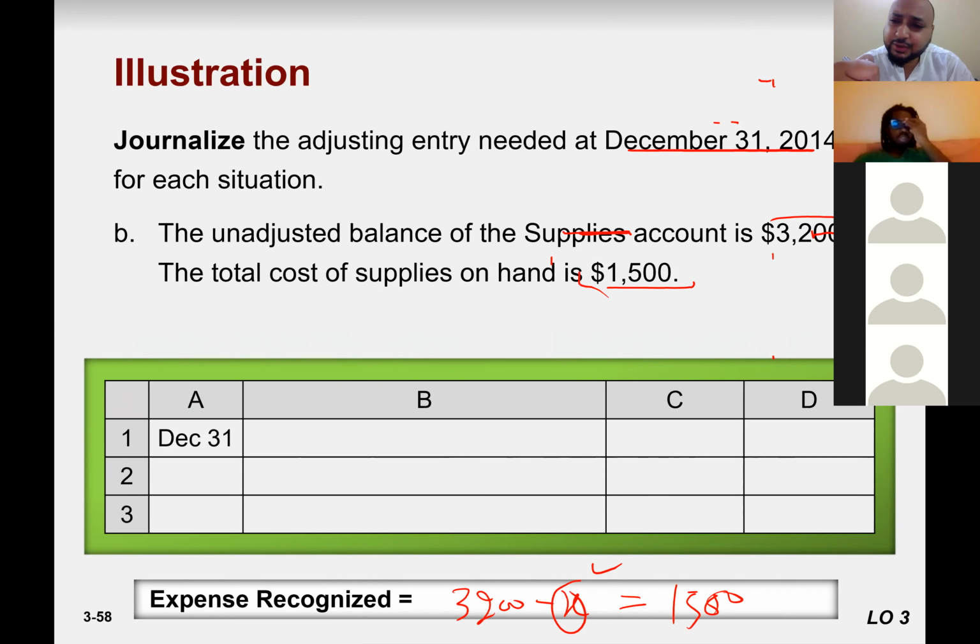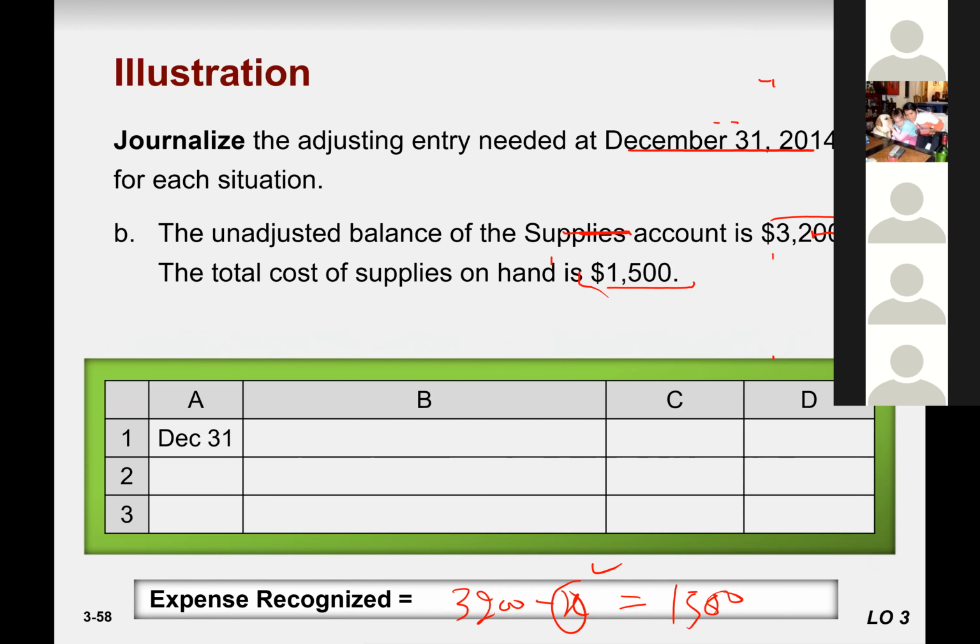You can just take a picture on your mobile phone and look at it multiple times, and it should be in your mind that expense increase, debit, right? Sales increase or revenue increase, credit. Asset increase, debit.